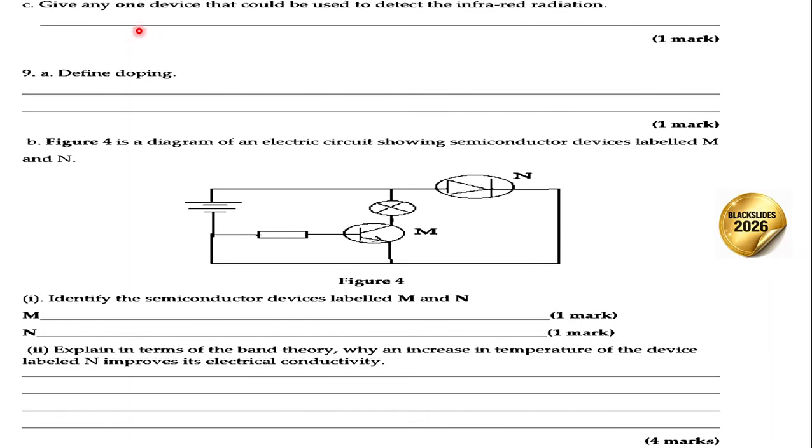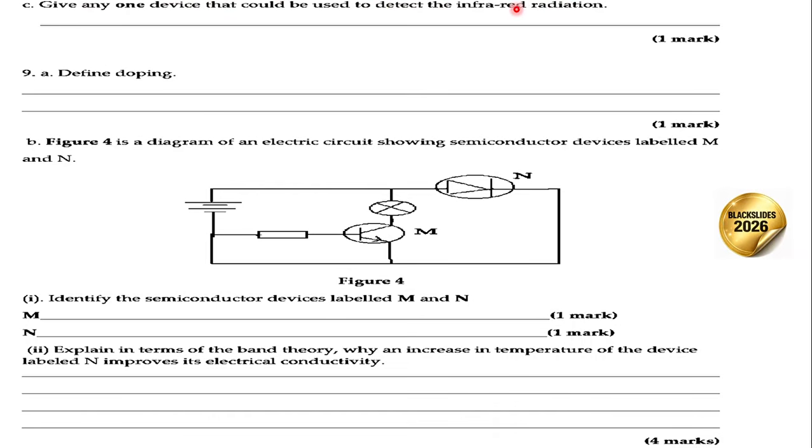Give any one device that could be used to detect infrared radiation. Remember that infrared is just heat energy, and it belongs to the electromagnetic spectrum. It is number 5 from gamma.